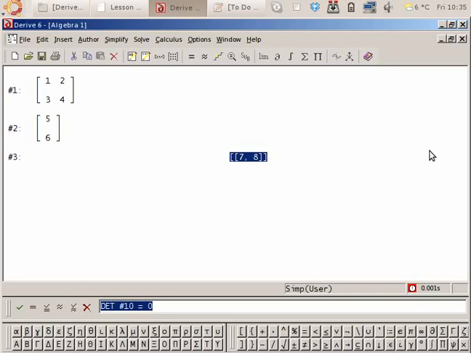So what I'd like to do is multiply these 3 together. But if you remember from maths class, you can't just multiply them in any order, because some of the multiplications you can do and some of them you can't do. So take the first one, the square one, 1, 2, 3, 4.